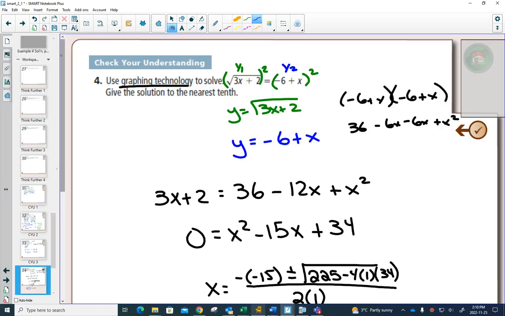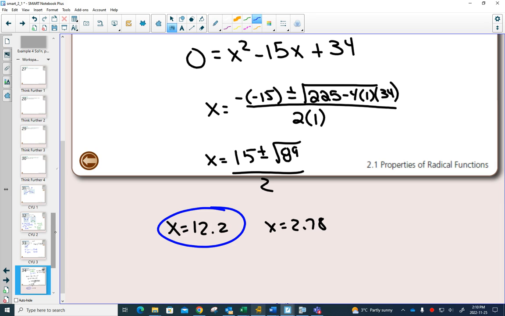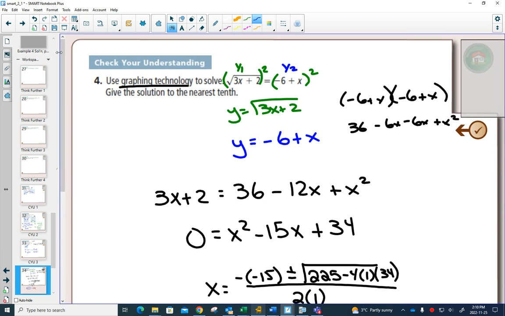That's the rule for square roots, on their calculators, only a positive value. Can you see why 2.78 is going to be bad when we plug it into the right side here? -6 plus 2.78 is still going to be negative. So it's called an extraneous root, a root that appears to be the right answer, but isn't.